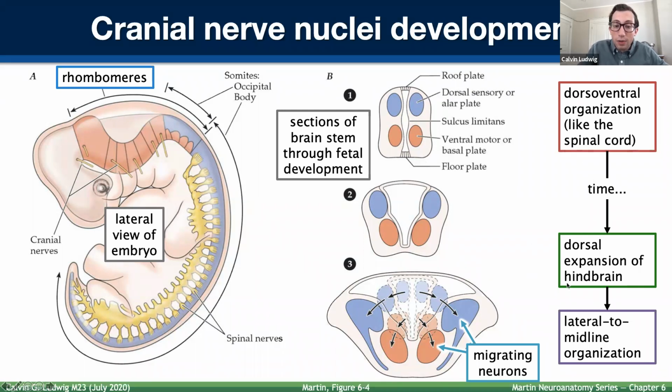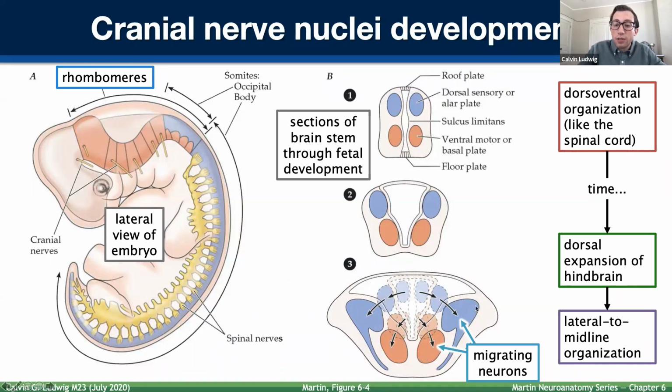Through time, there's dorsal expansion, and then there's a more lateral to midline organization, sort of across horizontally like this. That's the point it's trying to make. So instead of the spinal cord being and remaining in a dorsoventral organization, the brainstem spreads out and opens up sort of to have this lateral to midline organization.